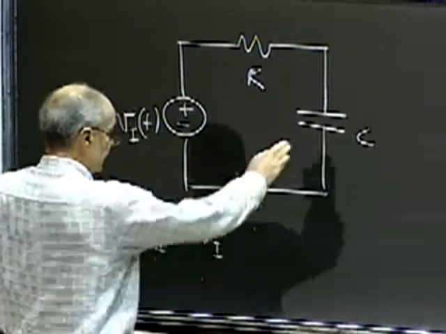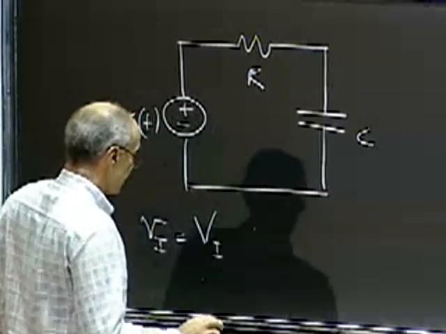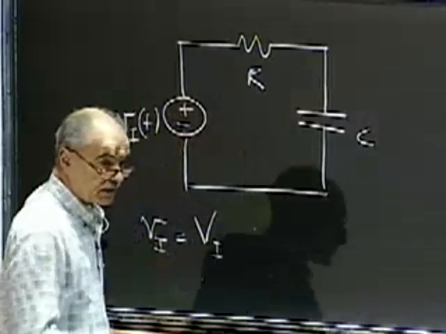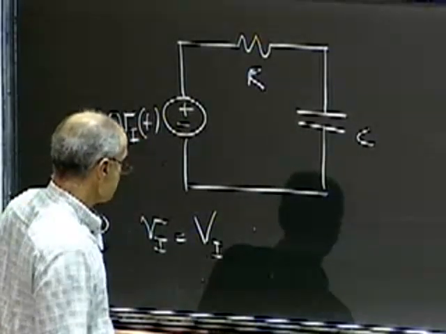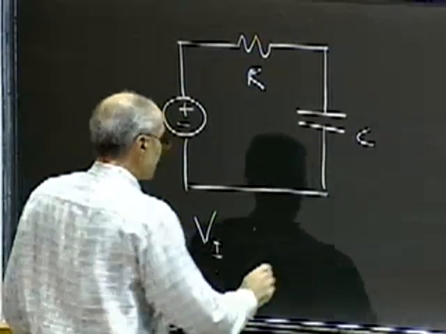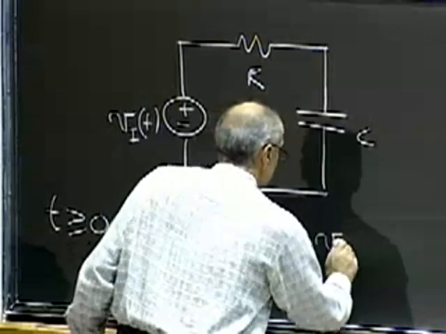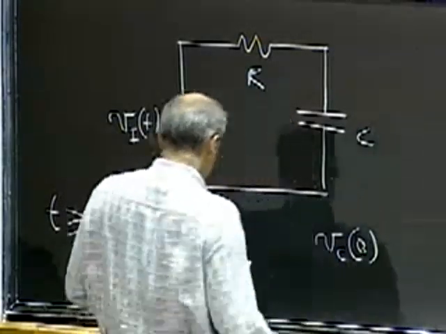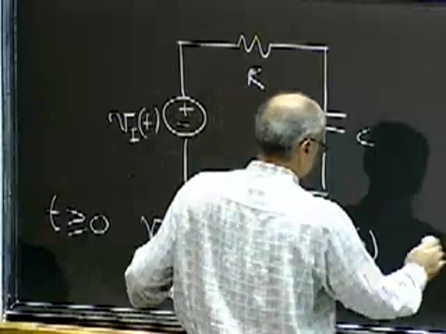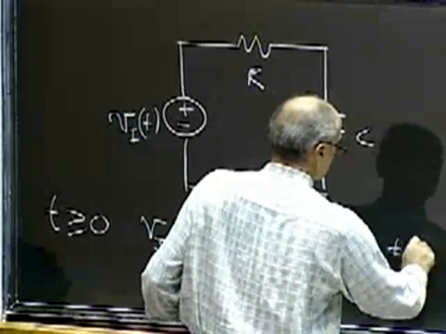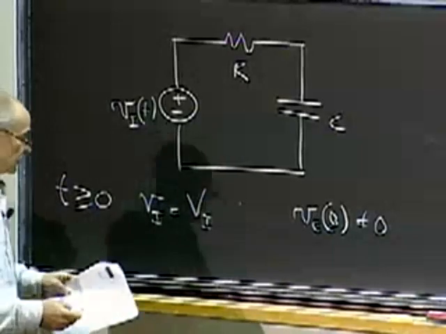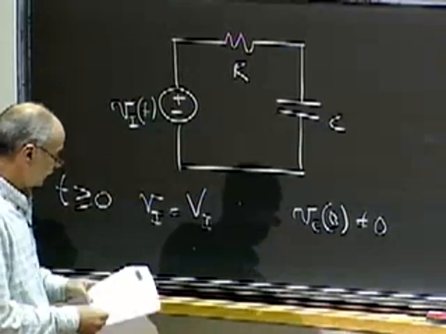And the other condition that we discussed was the value of the voltage on the capacitor that would exist at time t equals 0. So let's call that Vc of 0. And in general, there is some finite value here. It can be 0 or it can be different from 0.